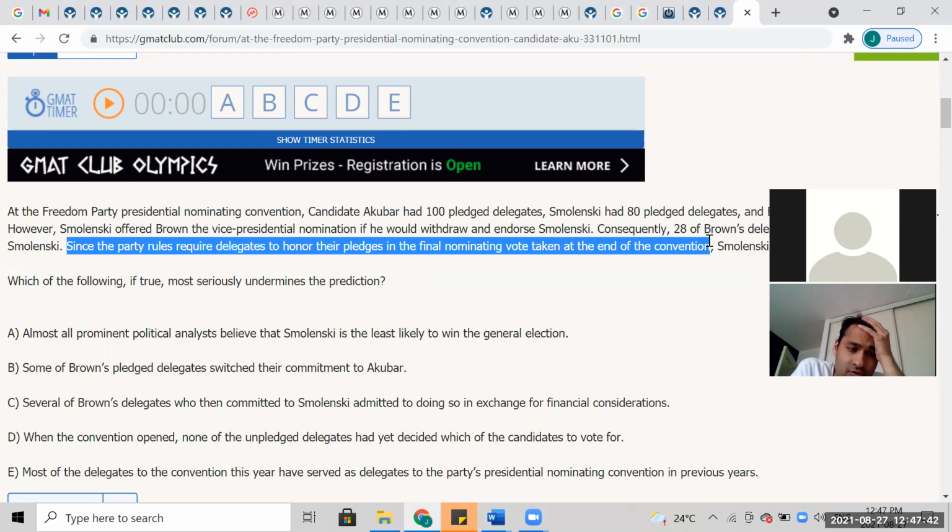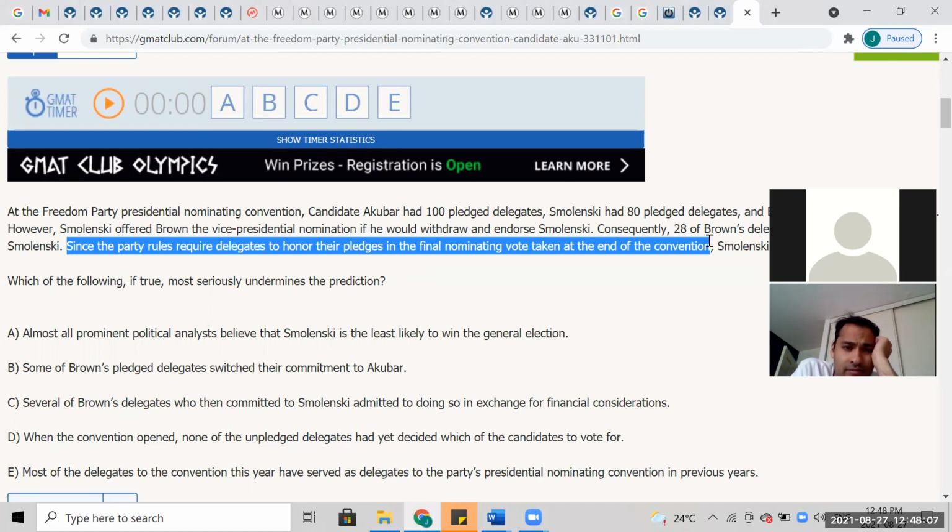What in the highlight tells you that? It says that since the party rules require delegates to honor their pledges in the final nominating vote. So honor their pledges, that's what it means, right? In the final vote taken at the end of the convention. Actually, honor the pledges in the final nomination.